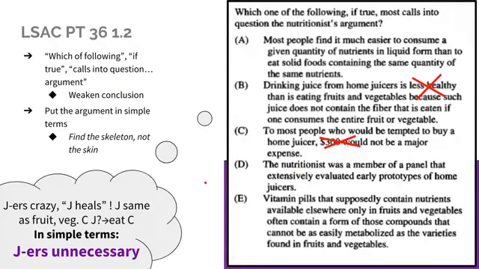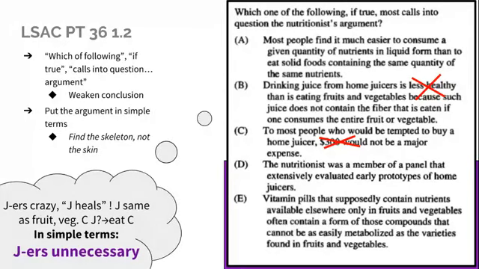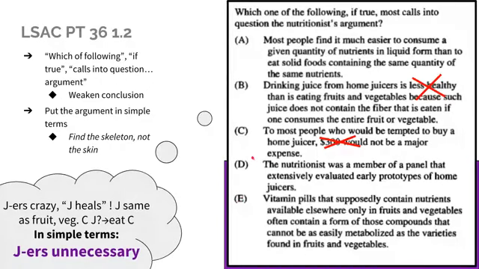It has nothing to do with the price. D: The nutritionist was a member of a panel that extensively evaluated. I'm going to stop reading because this is the same sort of thing as C, where this is just new information. It's not engaging directly with the conclusion that we're trying to weaken.